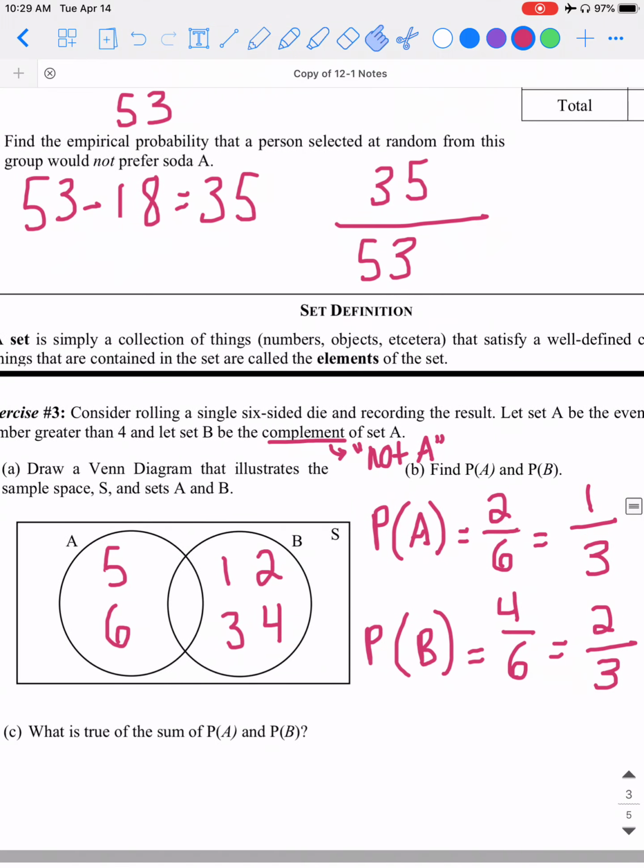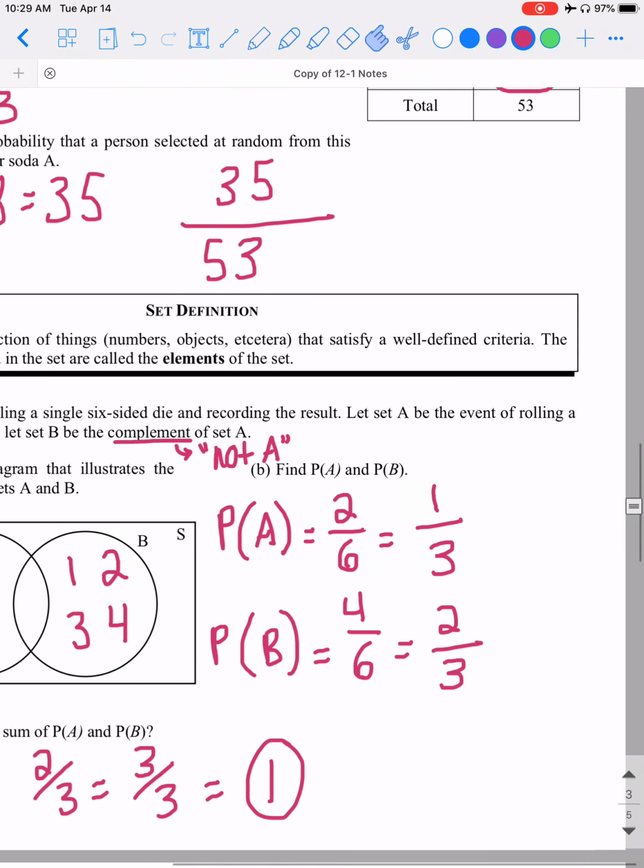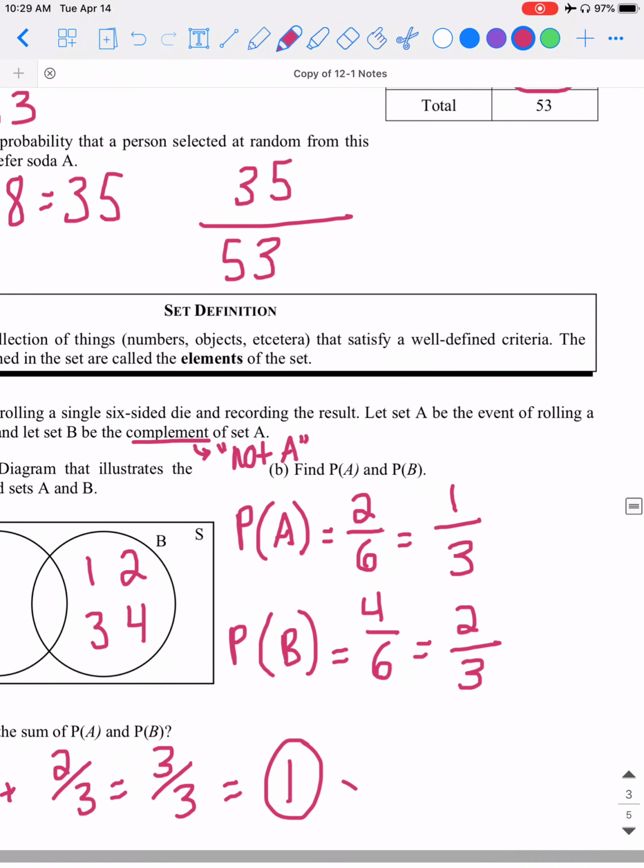And then part C says what's the true sum of P of A and P of B. So if I add these together, 1/3 plus 2/3 is equal to 3/3, or 1. And this makes sense, what we talked about on the page before. Since they're complements of one another, we know that their sum has to equal 1.